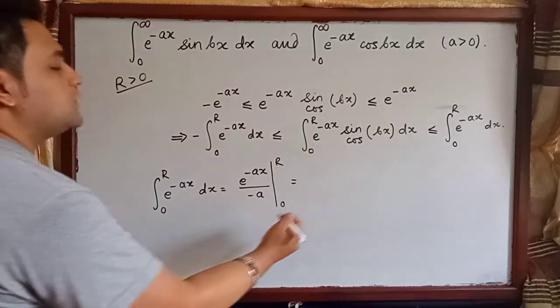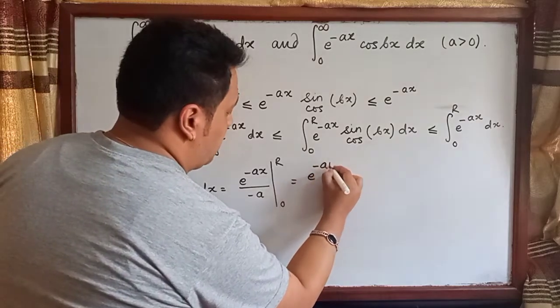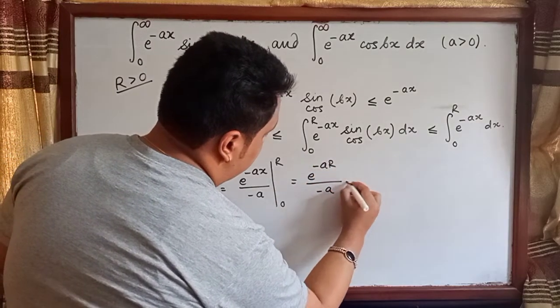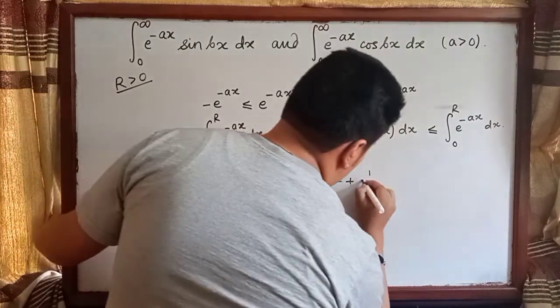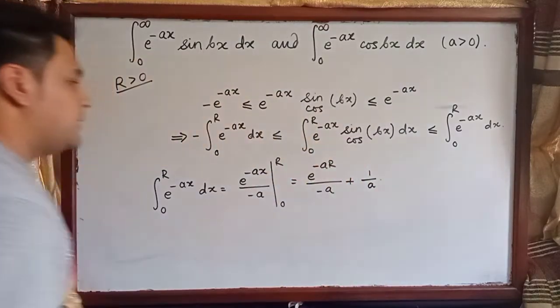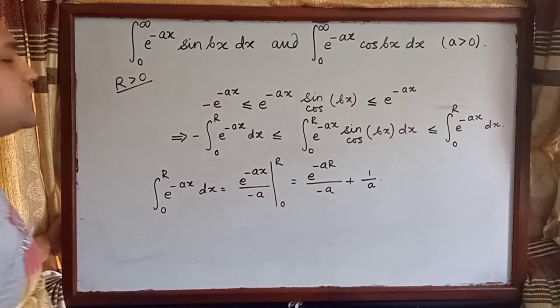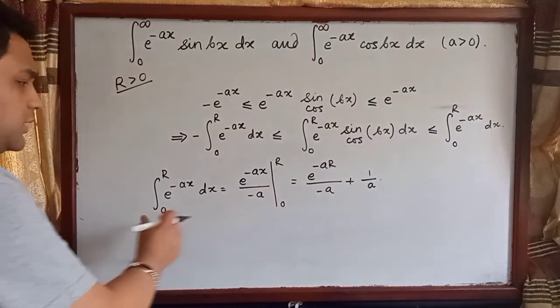This is equal to e to the power minus ar over minus a plus e to the power 0, which is 1, so 1 by a. Okay, so this is what we get.